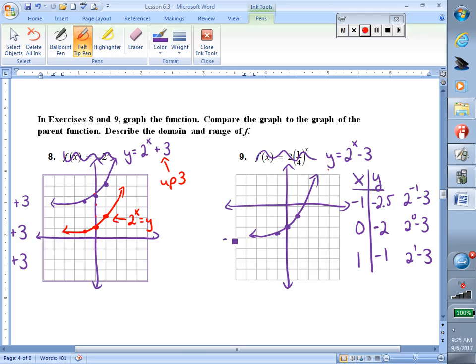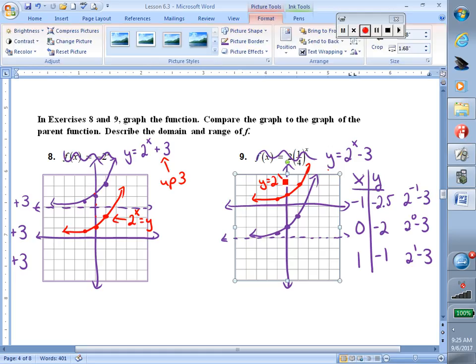Make sure your graph is not going below that negative 3. Same over here. Your graph should not be going below that positive 3. So now let me just sketch in real quick that original graph. Here's y equals 2 to the x.